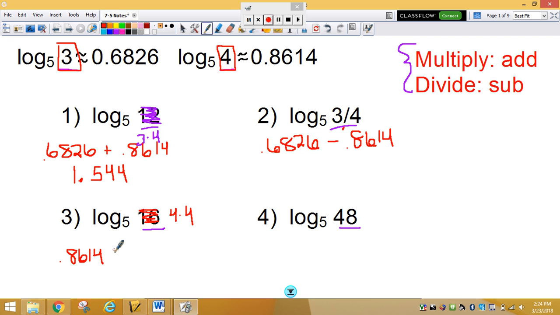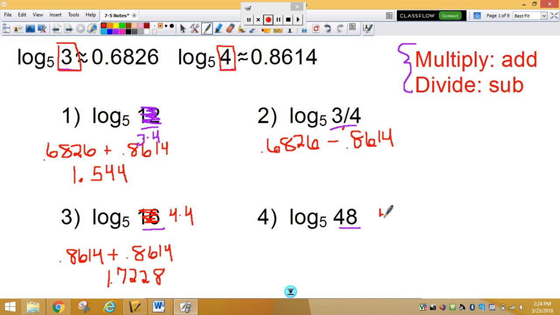Multiplying means that we're going to add. Log base 5 of 4 is 0.8614. So add them. 0.8614 plus 0.8614, and you get 1.7228.